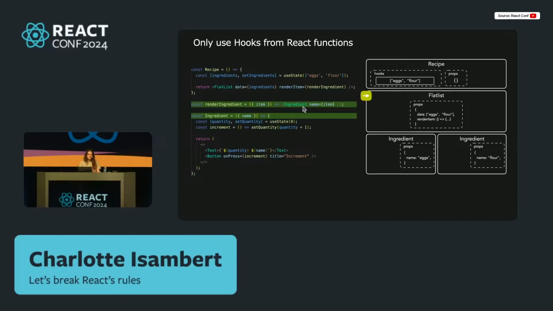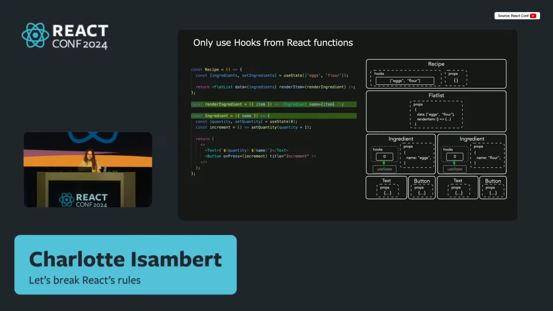Now we're done rendering the FlatList, so we move on to the next fiber in our tree, this ingredient fiber. We execute this function component, and we pass it this props value eggs. We've got this useState that writes its default value inside the currently focused fiber, which this time is this ingredient fiber. And the same goes for flour. And this tree, in my opinion, makes way more sense.